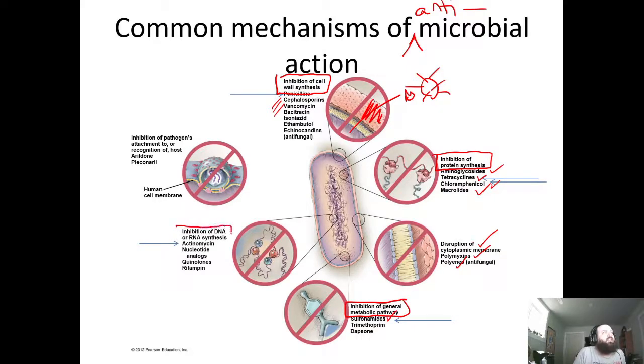You can target the specifics of DNA or RNA synthesis in these structures. So actinomycin works in that as an antibiotic. Nucleotide analogs are often used to fight viral infections and target the unique elements of viral DNA or RNA synthesis.